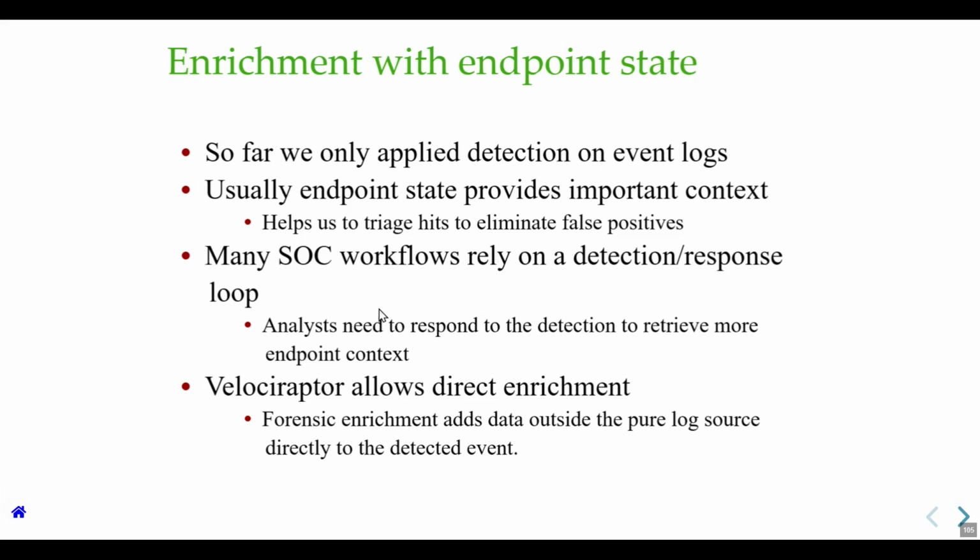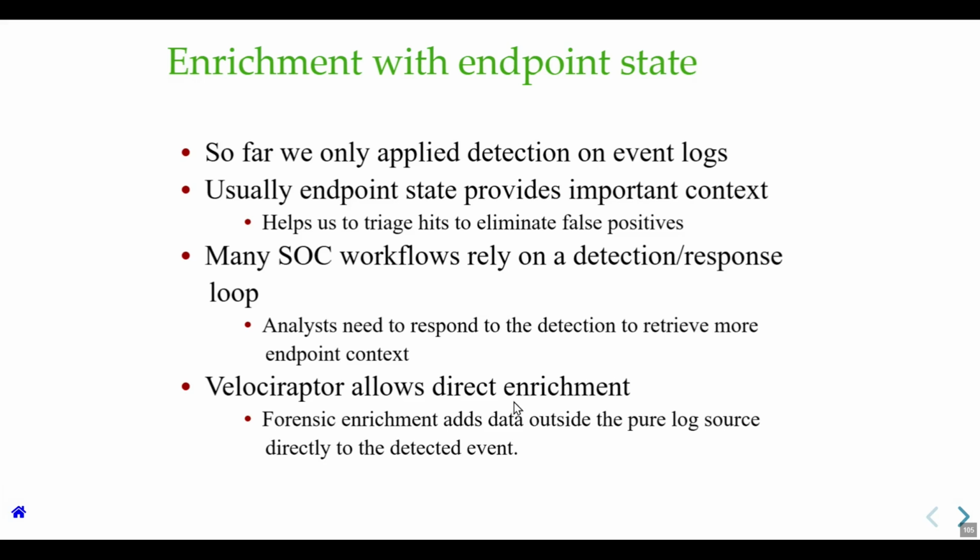And this is really important because a lot of the time the SOC relies on a detection response loop, right? So they get a detection, it's forwarded through the pipeline, and they see it, and then they go back to the endpoint to get more information. But by the time they do that, that can be hours, days, minutes, even minutes is still not great to retrieve more context out of the endpoint so that we can see whether it's a false positive or a serious escalation.